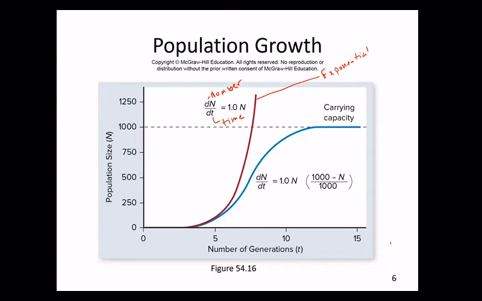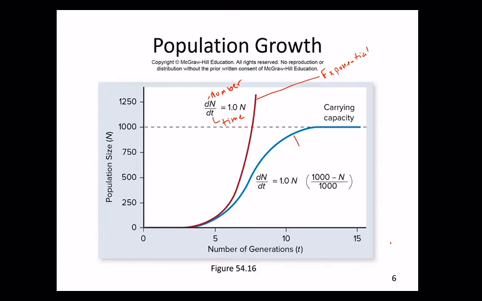So if the population size is 2, the next generation will be 4. The next generation will be 8, 16, and so on and so forth. And it very quickly grows to a very large number. So exponential growth only occurs in populations in which there's no limit.